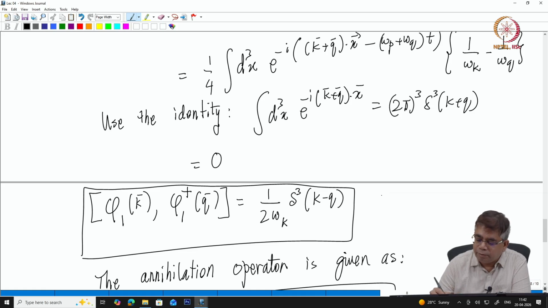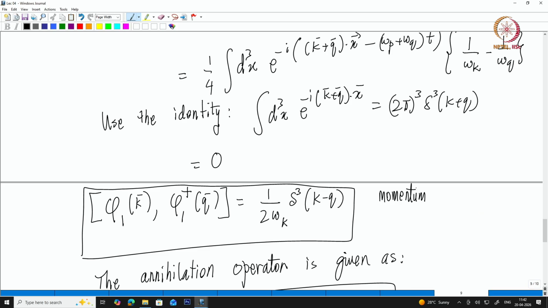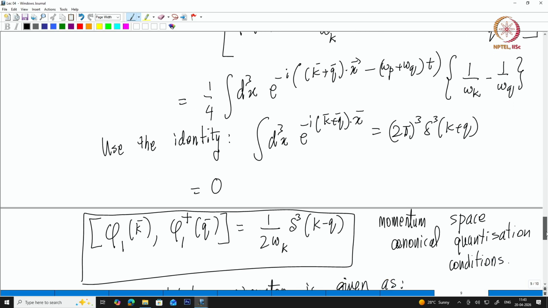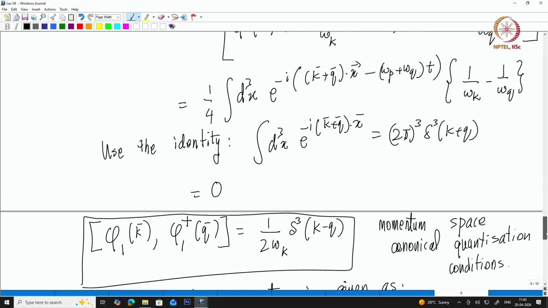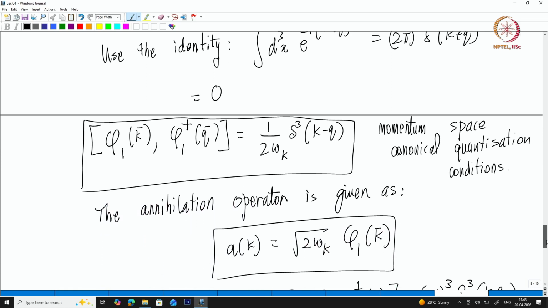So these are your momentum space canonical quantization conditions.